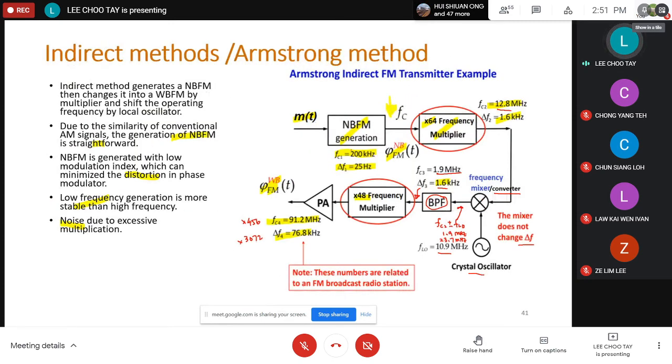If you look at this example here, the multiplication for carrier frequency is lower than the multiplication factor for the frequency deviation. And therefore, your mixer output or the bandpass filter needs to give you a FC4 that is lower than the input frequency.